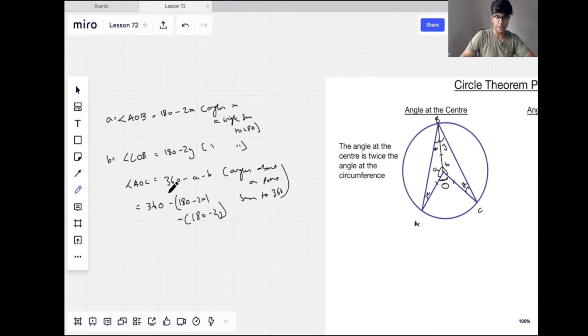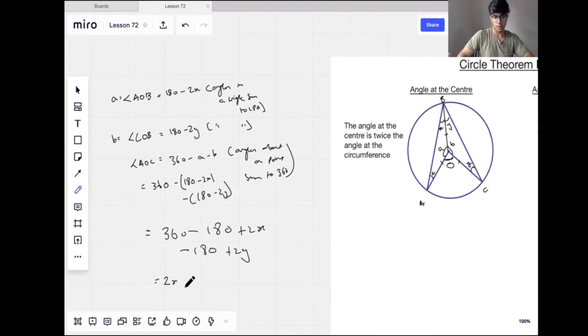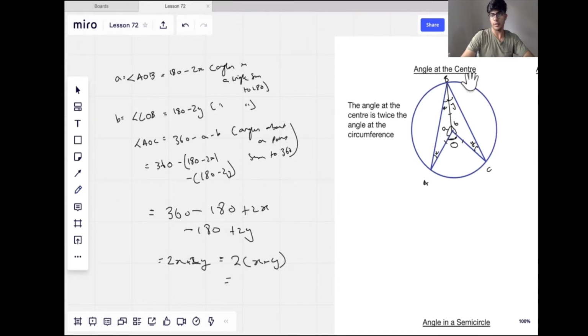So 360 minus (180 minus 2x) minus (180 minus 2y), which we rearrange: there's a minus here and a minus here, that becomes plus. So 360 minus 180 minus 180 plus 2x plus 2y, and 360 minus 180 minus 180 is just 0, so we're left with 2x plus 2y, which is equal to 2 times (x plus y), which is 2 times angle ABC.